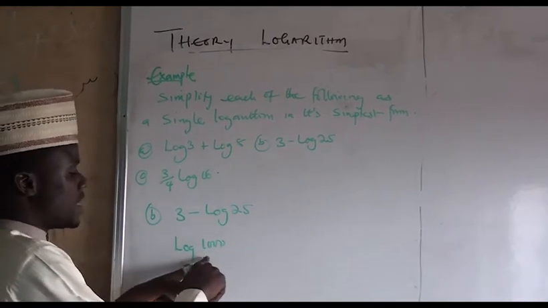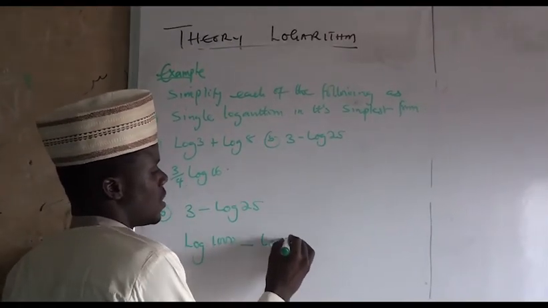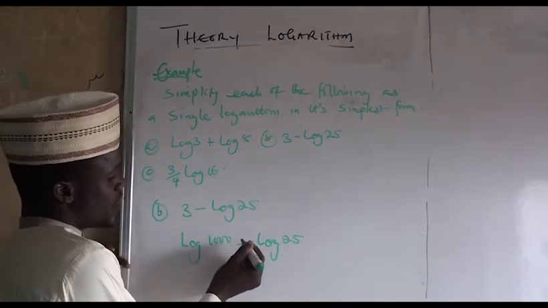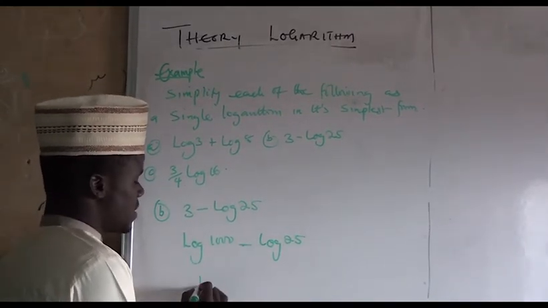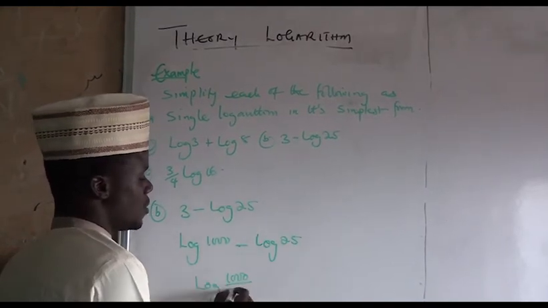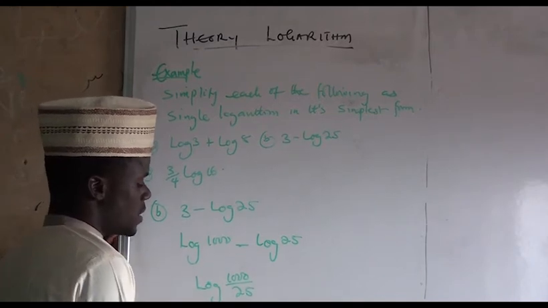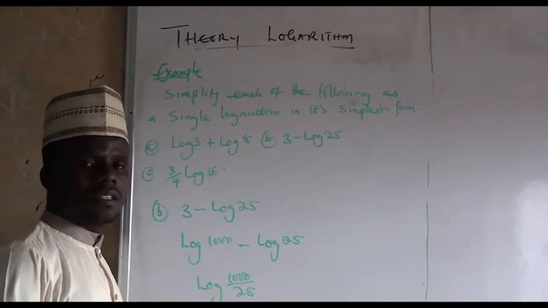So logarithm of 1000 base 10 is 3. So here we say minus log 25. Since here is minus, that is from the second law, we can say log 1000 divided by 25, which here we can say log 40, and that is the answer.